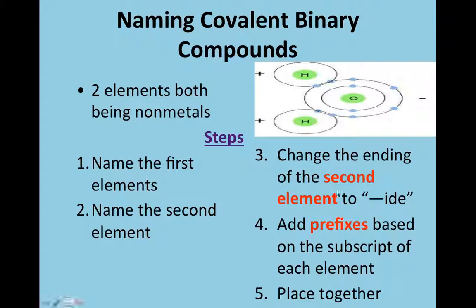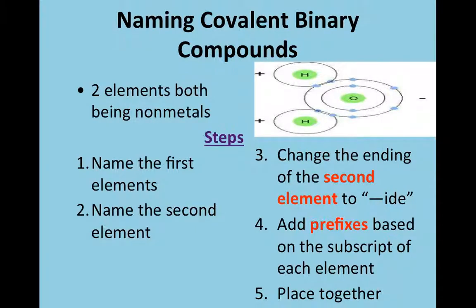And then the second one, we're going to change it again, just like the ionic compounds with the IDE. But now we're going to add prefixes based on the subscripts, and those are the little numbers that are dropped down behind each element. And then we're going to place them together.